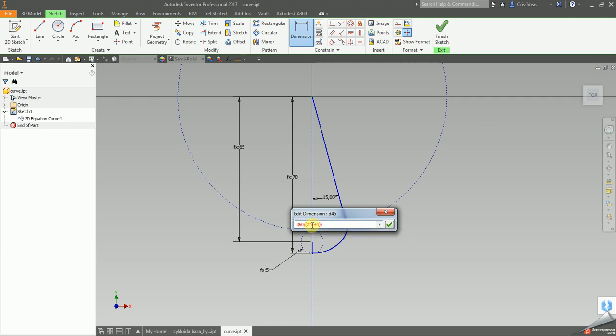It cannot evaluate. Why can it not evaluate these parameters? No, not D1, but I.